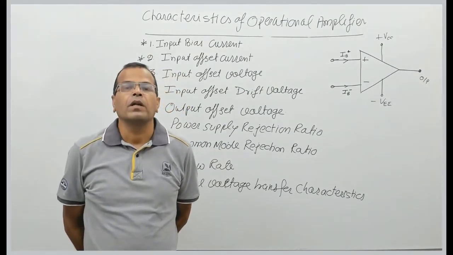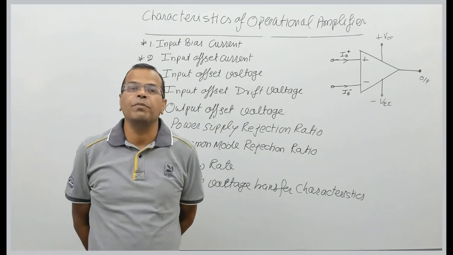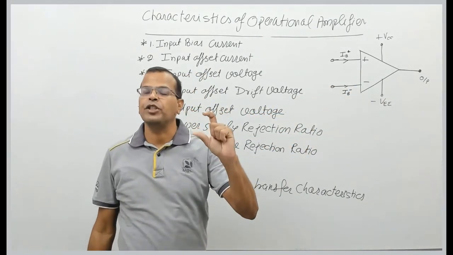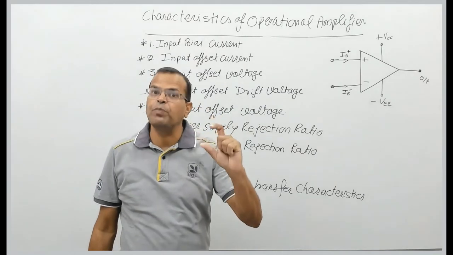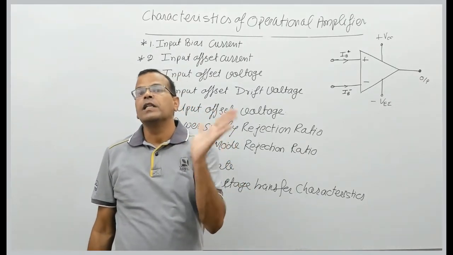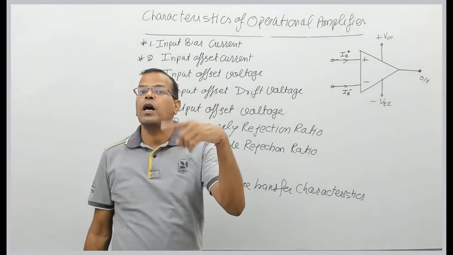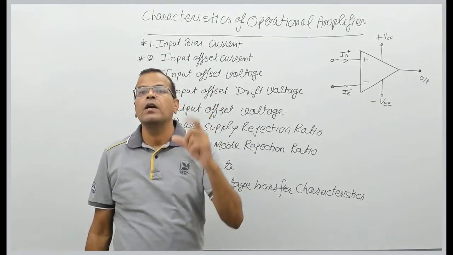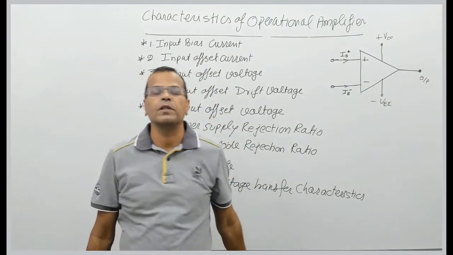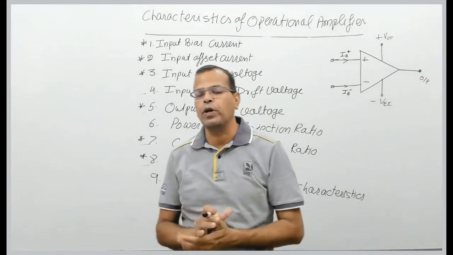If you remember the internal stages of the operational amplifier, at input stage we have the dual input balanced output differential amplifier. Second stage is dual input unbalanced output amplifier. Third stage is called level shifter, and fourth stage is called complementary push-pull amplifier.